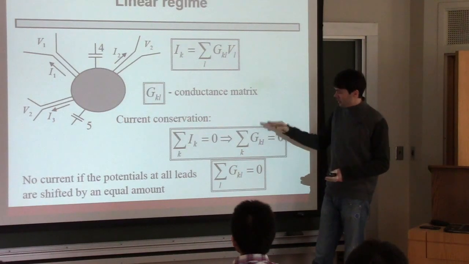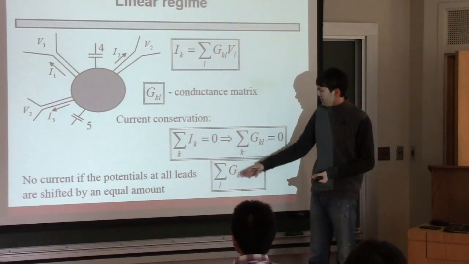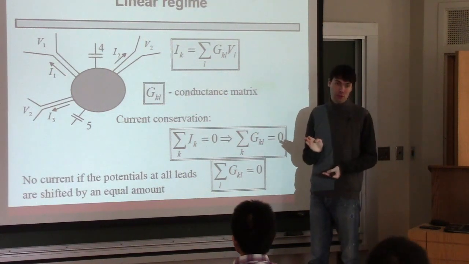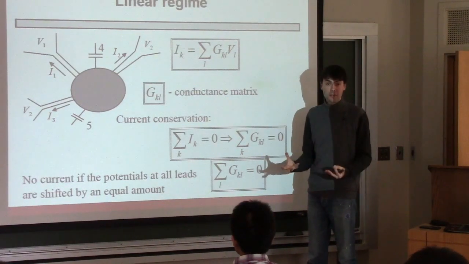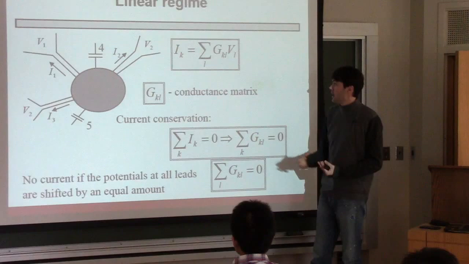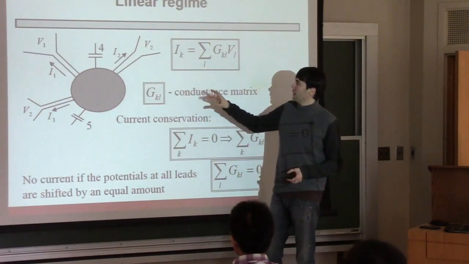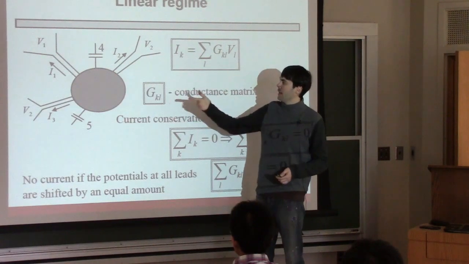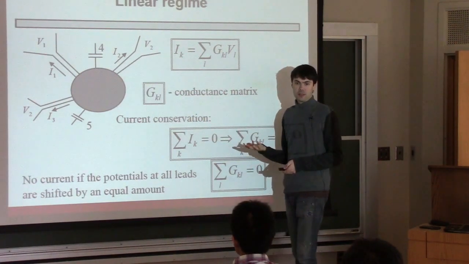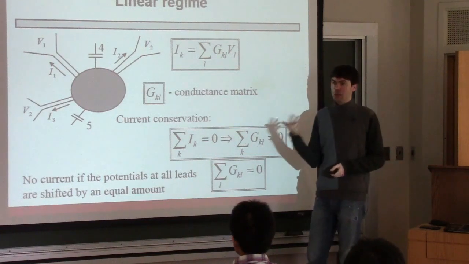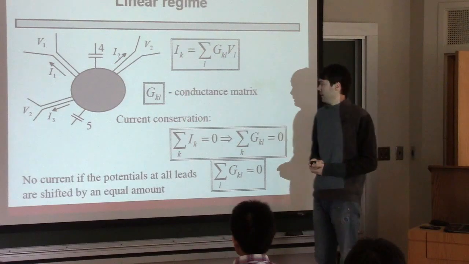And the fact that we can arbitrarily choose a 0 voltage means that the sum of conductances over each row is also 0. So these are the hard restrictions on the conductance matrix, and that reduces the number of free elements. In fact, if you have n leads, there are n-1 independent equations that you can write, and you have n-1 free parameters. So you can solve everything directly, exactly.